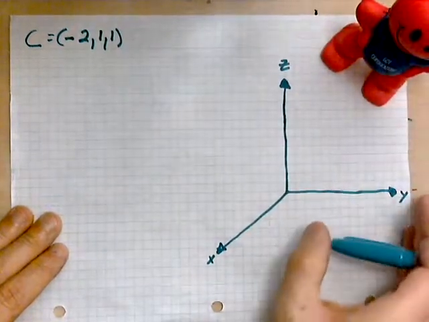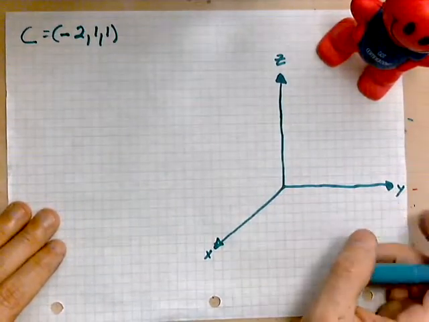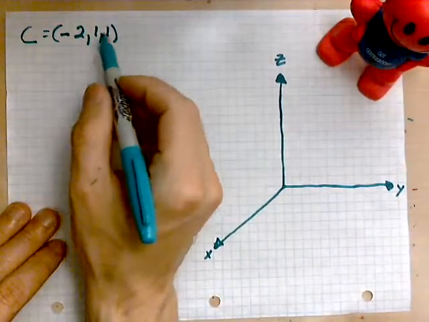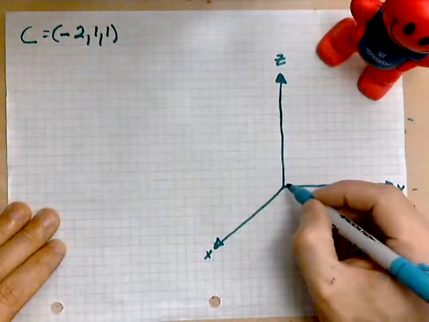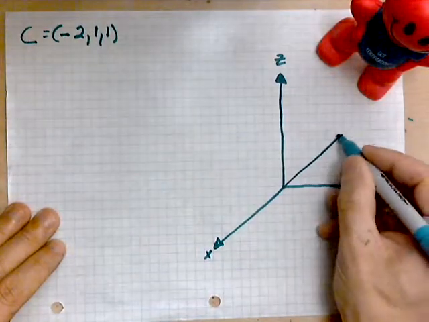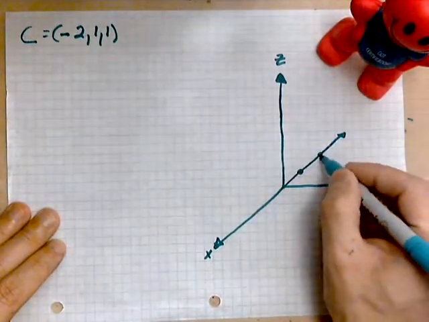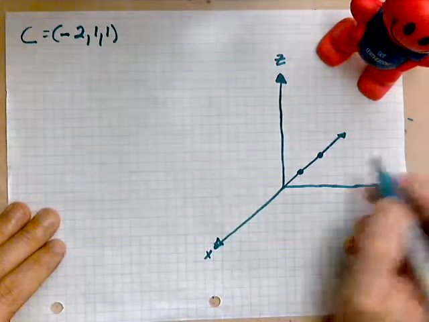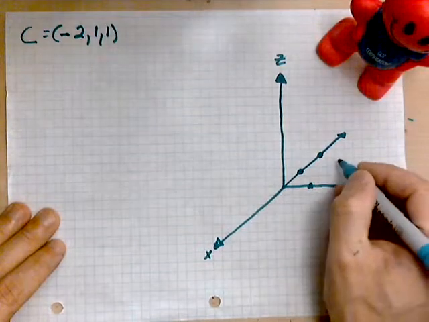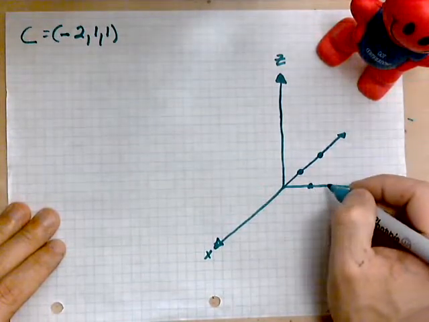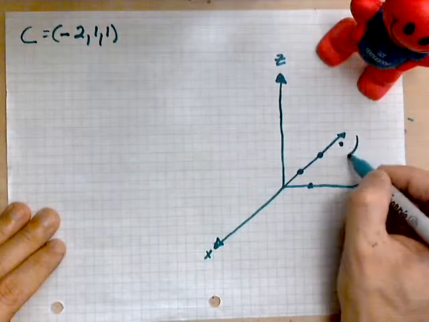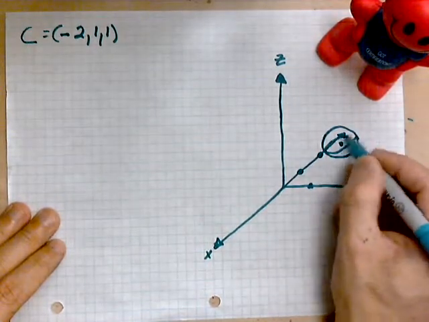So now that we have this, the center of the sphere is -2, +1, +1. The x is negative, so it's roughly somewhere back here, and then the y is +1, so that is about here, and the z is also +1, so maybe the sphere is somewhere over here, okay?